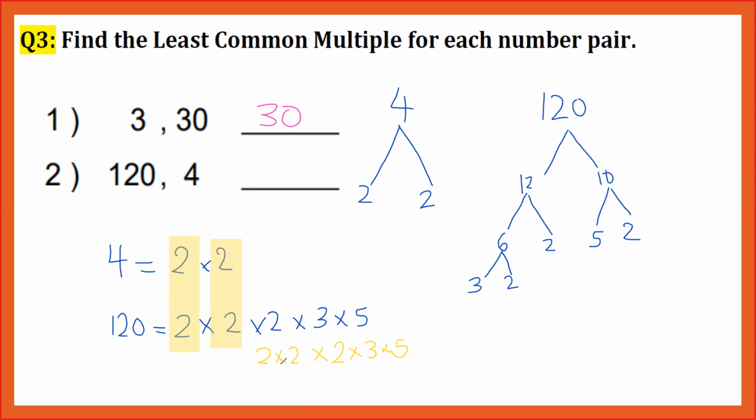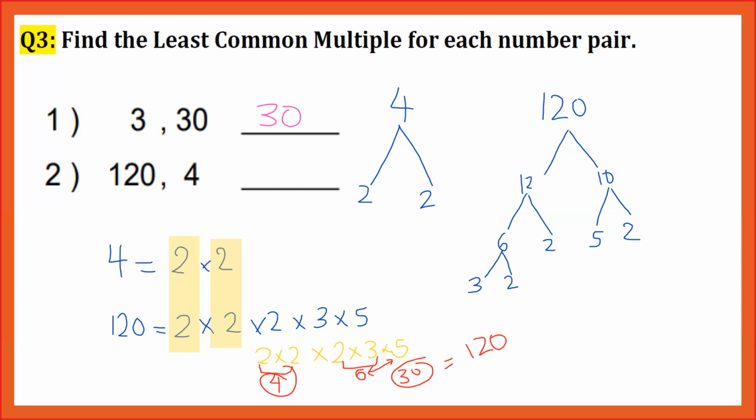Then 2 times 2 is 4. And 2 times 3 is 6. 6 times 5 is 30. Then 30 times 4 is 120.